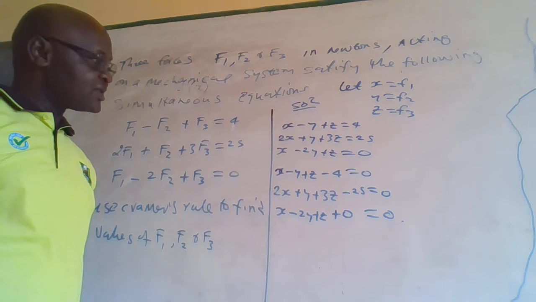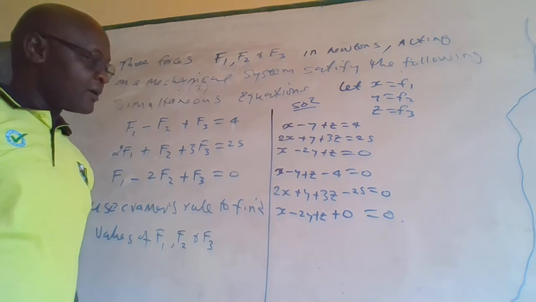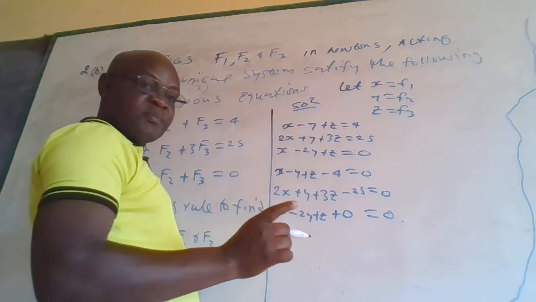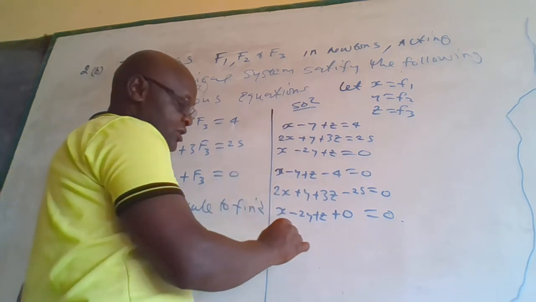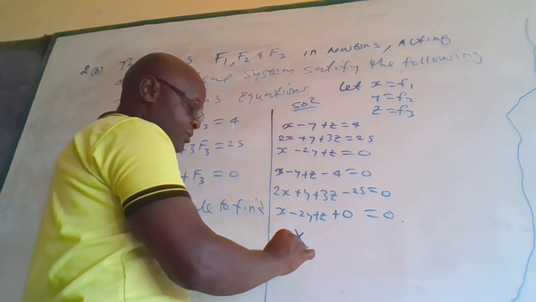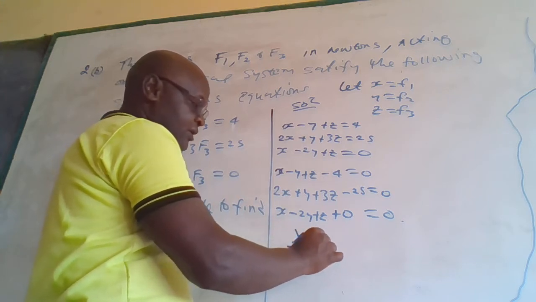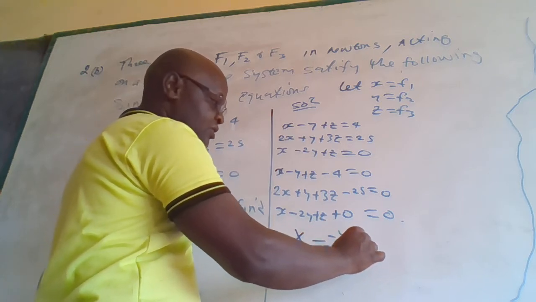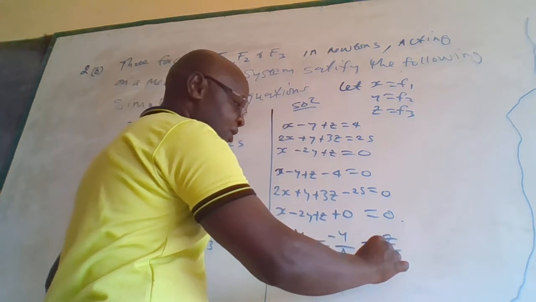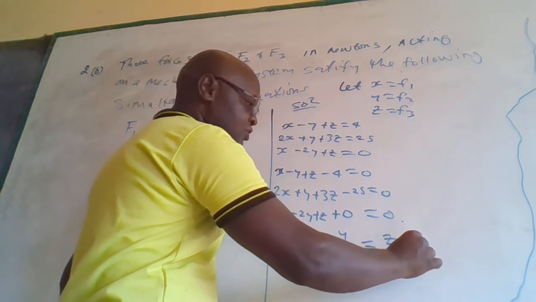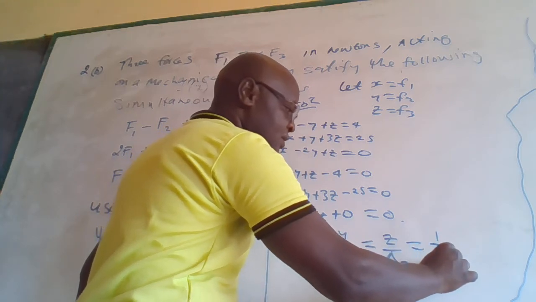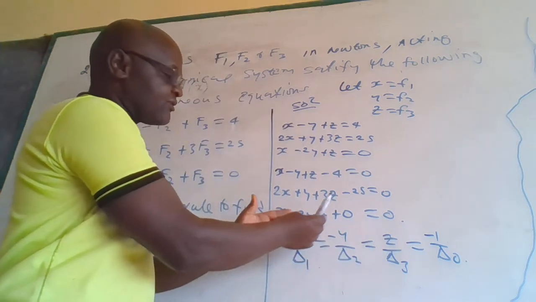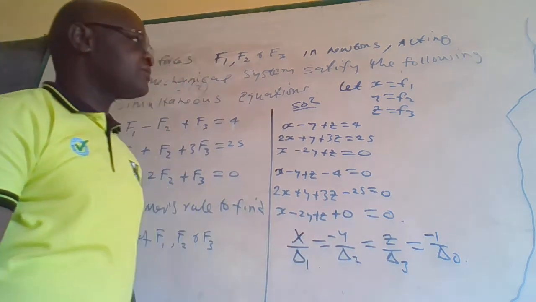Once we have this, this is the formula we are going to apply to solve these equations. It will be X over del 1 equals minus Y over del 2, which equals Z over del 3, which equals 1 over del 4. The signs are positive, negative, positive, negative.